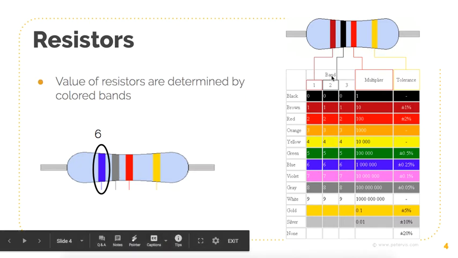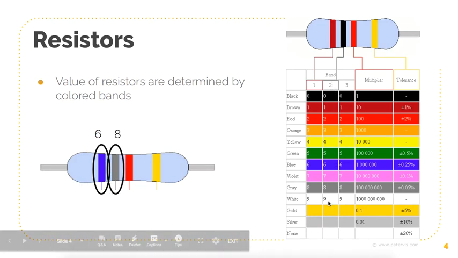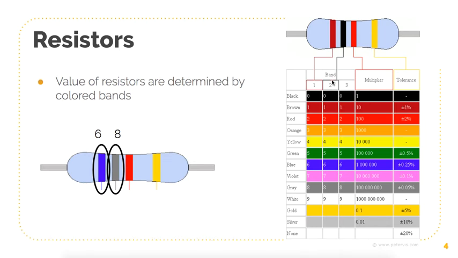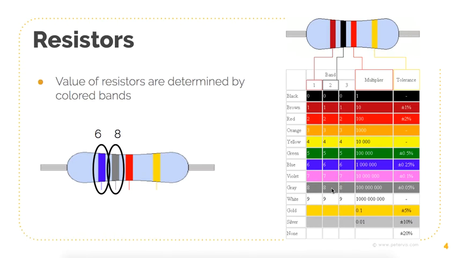Then we have gray. So we're going to go to our column where it says band 2. Gray is represented by the digit 8. And if you look just here in the color code chart, under the column for band 2, we can see that gray is 8.